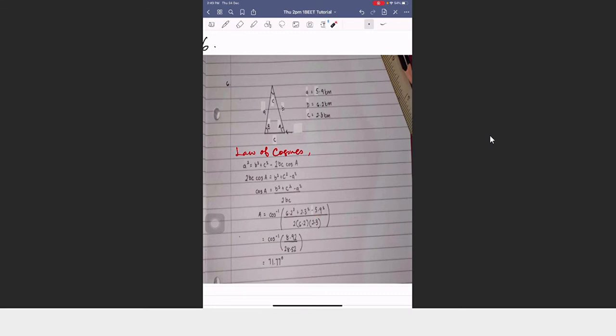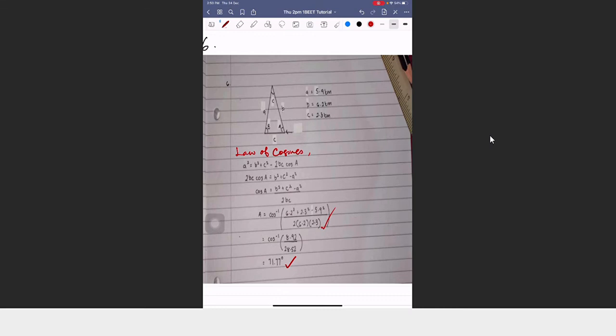This is the correct setup. I suppose if you compute correctly using your calculator, this is the correct answer. Okay, that is question 6. That's the end of exercise 3.6.